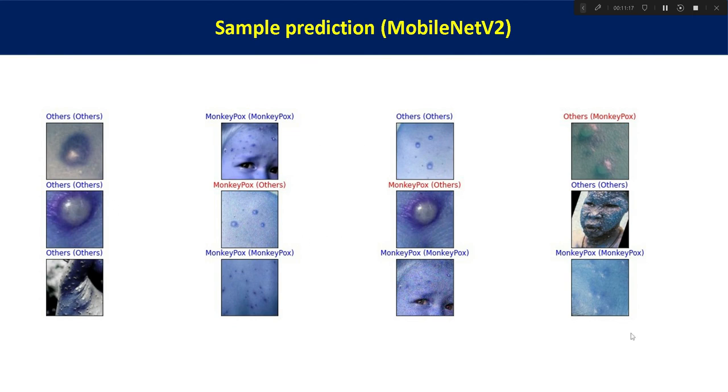From these sample predictions, we should understand that the model is dealing with a very complex problem in which one class has very close similarity with the other class. That's why the validation accuracy on unseen data is also low, and in some cases it predicted wrong because of this.